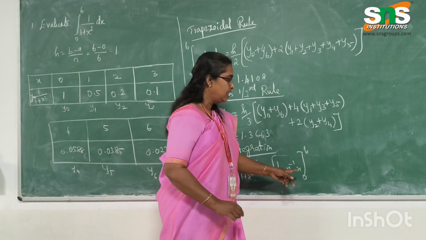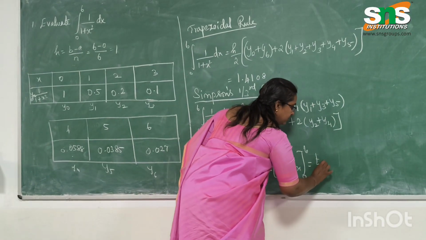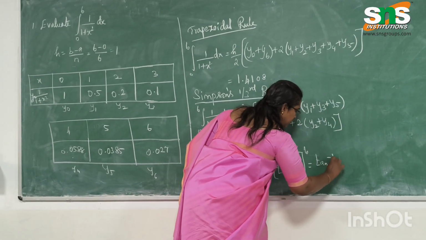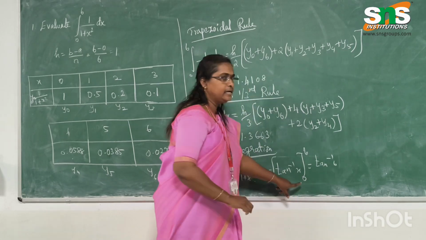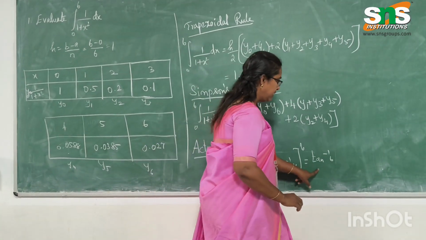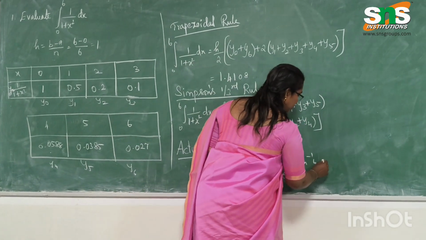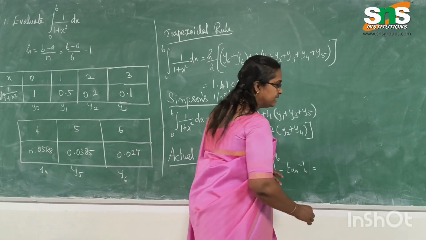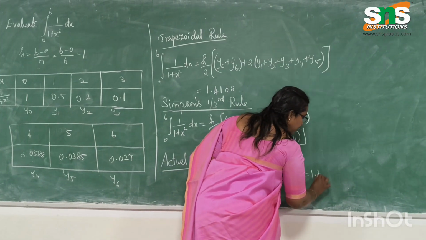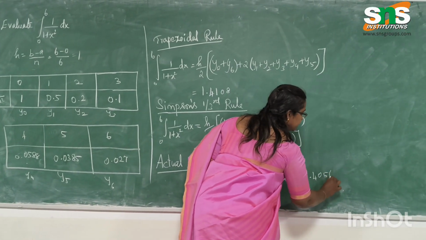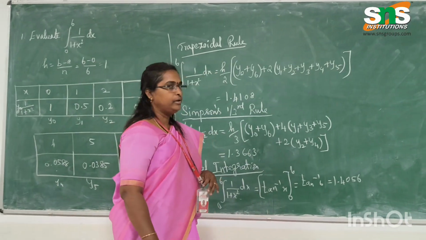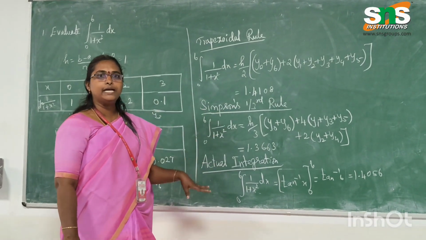Applying the limits, upper limit tan inverse of 6 and lower limit tan inverse of 0 is 0. So you get tan inverse of 6 alone. Using a calculator, you get the answer as 1.4056.